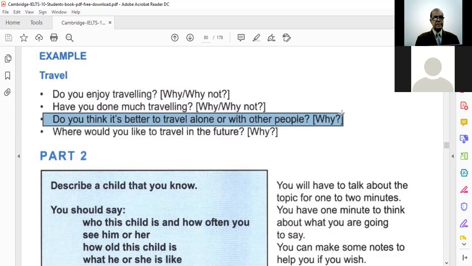But I feel I enjoy more when I travel with my friends and my family as compared to when I travel alone, because I need some person for gossip and for talking, to discuss all the surrounding areas which we see during traveling, and I enjoy the food which is available during traveling.